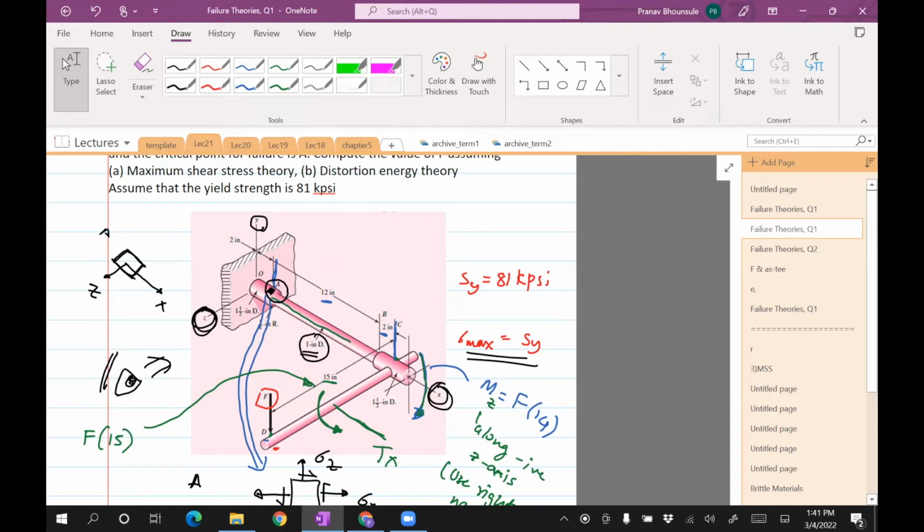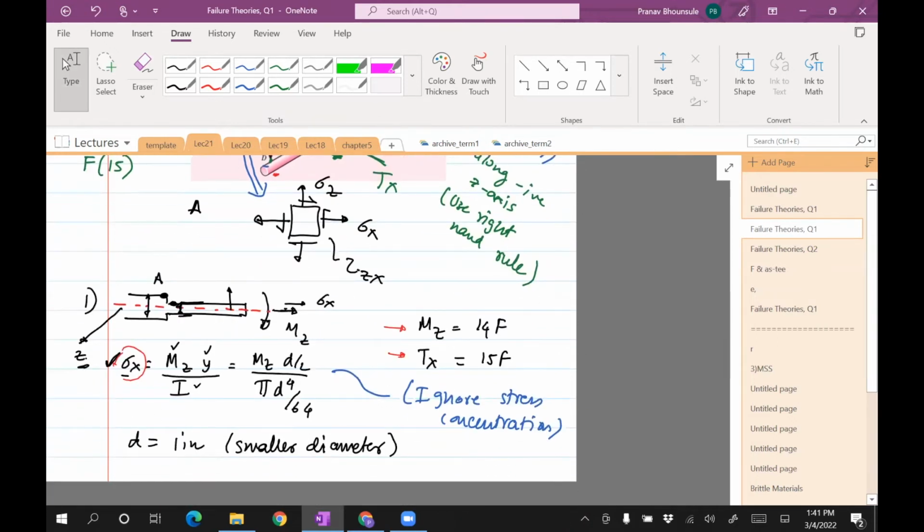You'll plot the bending moment as a function of distance, and you'll plot the shear force as a function of distance. Identify which part is the critical part, and then use that to apply the theory. So there's a bunch of calculations just before this step, where you need to do the BMD and the shear force diagram. After you do this, then you can start analyzing it.